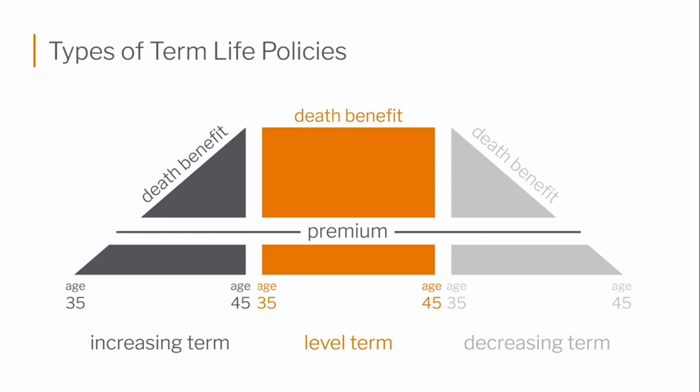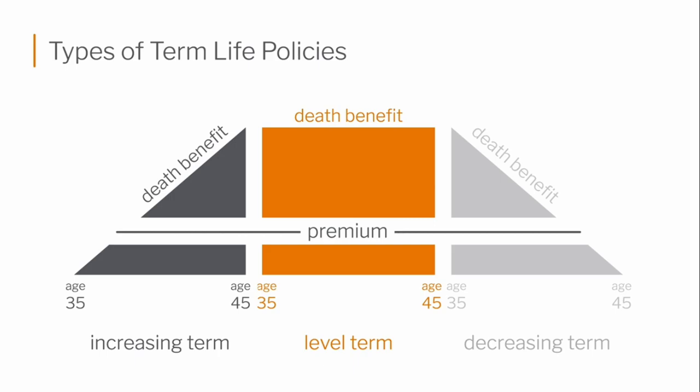Decreasing term is another type of term insurance. Again, the premium stays level, but the death benefit decreases. It goes down. And it's used for a very specific reason. Think debt. Decreasing term starts with a D. Debt starts with a D. It'll help you remember it.